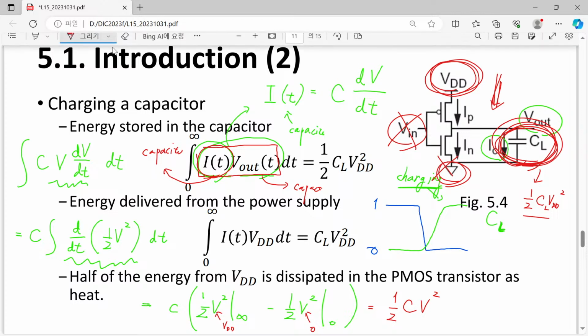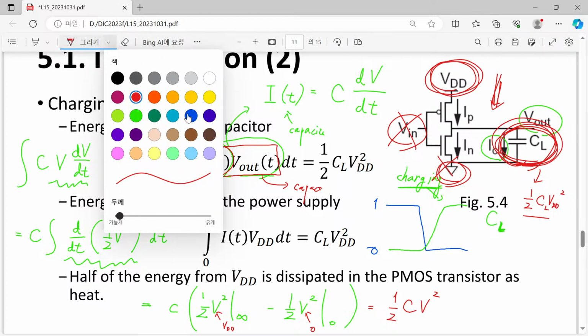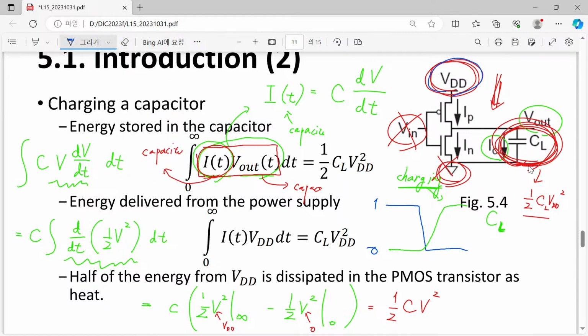But we must understand that in between the VDD and CL we have a PMOSFET. Yes, we have a PMOSFET, and this is a resistive one, so it spends its own power.